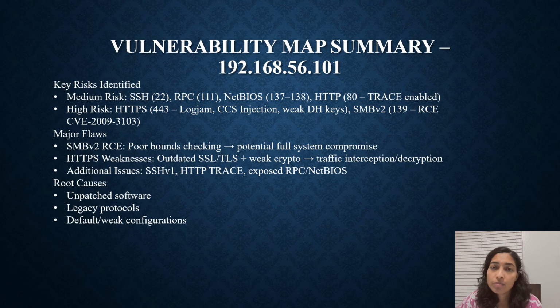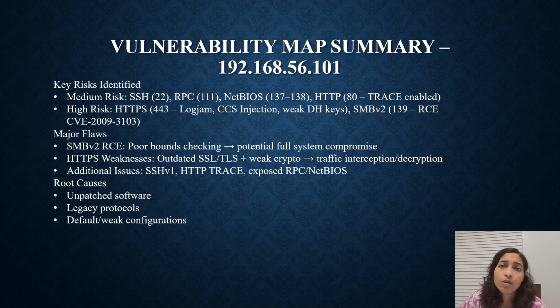SMBv2 on port 139 has a remote code execution flaw caused by poor bounds checking. That's a fancy way of saying that the service does not properly validate input, which opens the door for attackers to run their own code.